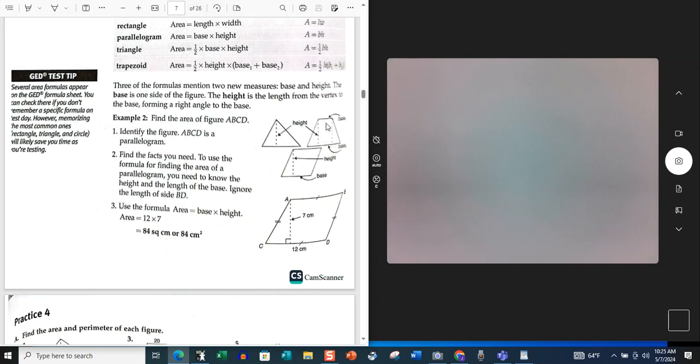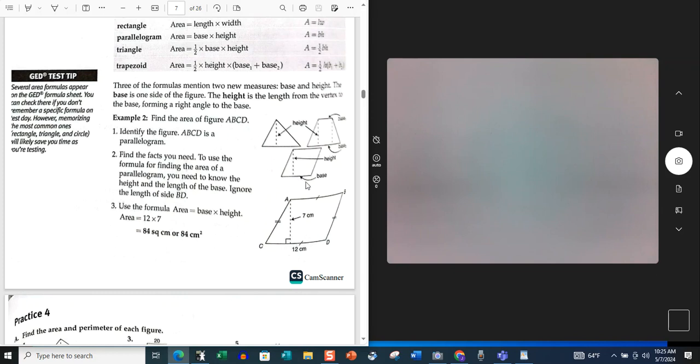Now, the next thing with the trapezoid, it said base 1 plus base 2. Base 1 is the shortest side, base 2 is the longer side. So you would just take half of the height times the addition of base 1 and base 2. And with the parallelogram, the base is here.